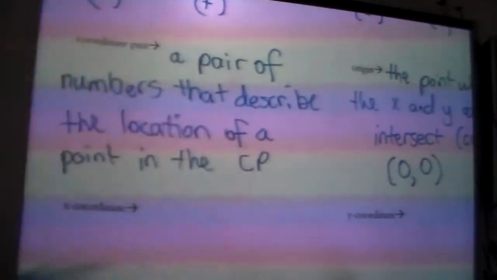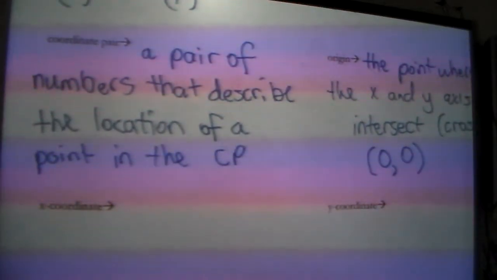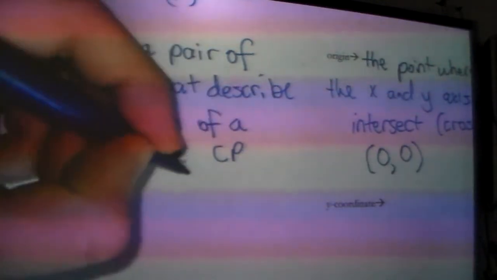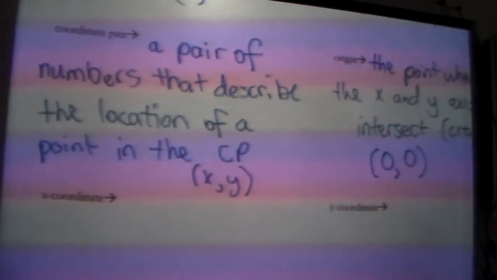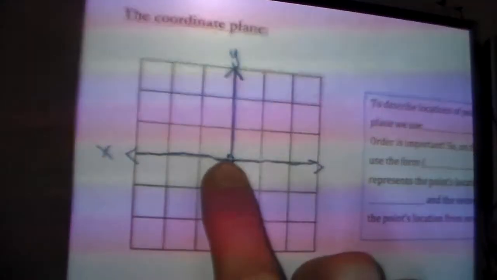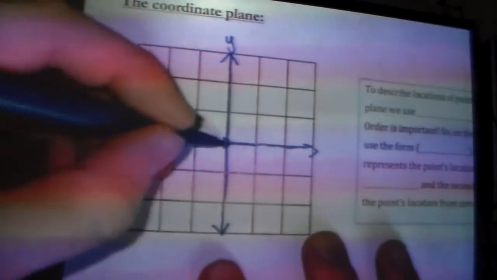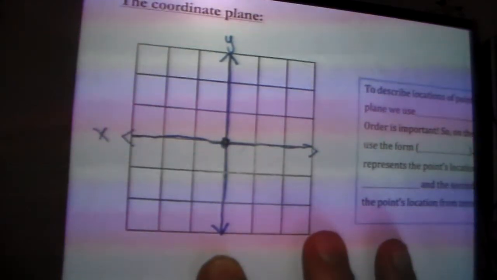I'll call it CP, not college prep, but coordinate plane. And so this point, 0, 0, it always goes in order as the x first and then the y. So for example, the point 0, 0, I can see tells me to go 0 on my x-axis, that means don't move, and 0 on my y-axis. So this is the point 0, 0 on the coordinate plane. It's also called our origin.